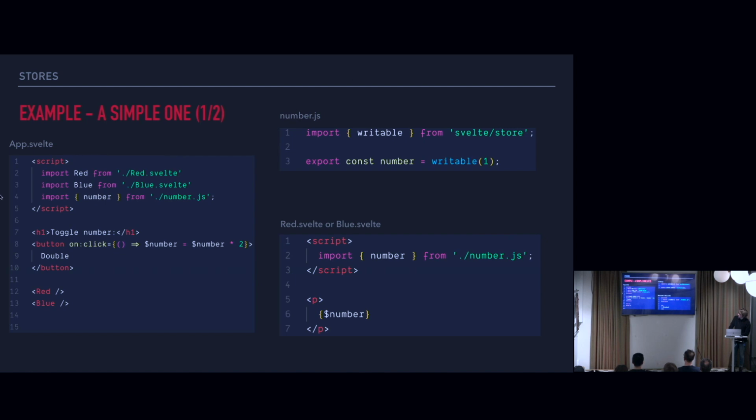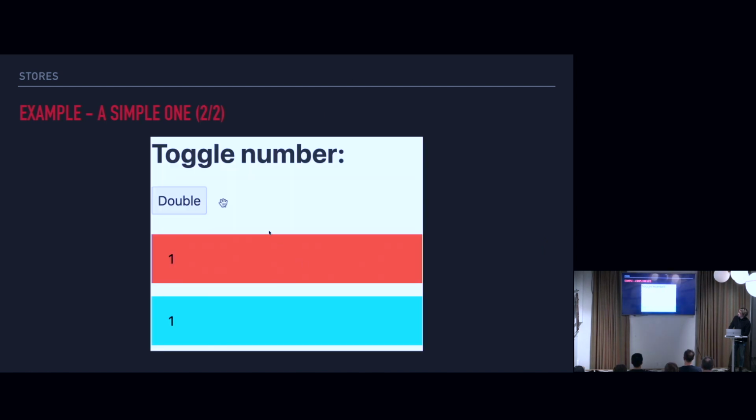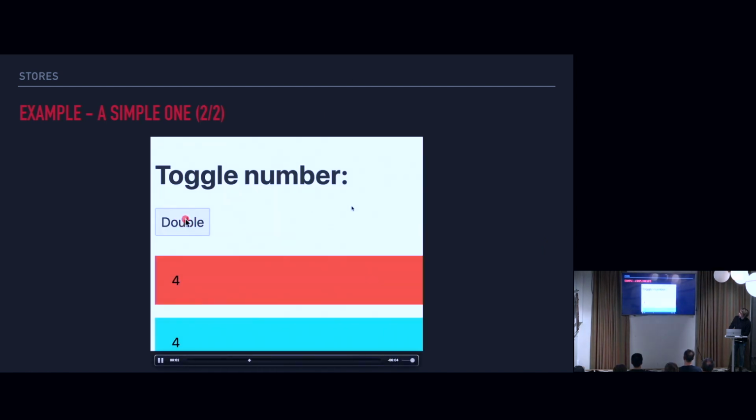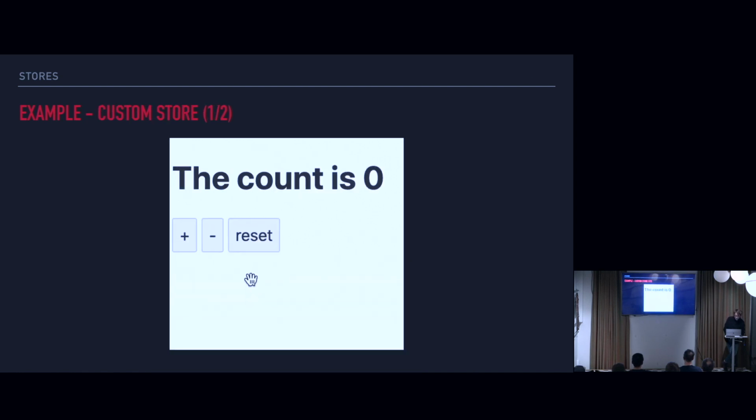You can see that we are not passing down the number here on line 12 and 13, but we're importing the store in the actual components. And so this is how it looks. You can see that they're synced up, and once you double the value, it changes in the red and the blue box as well. So this is obviously a super basic store, but probably gets the point across. All right.